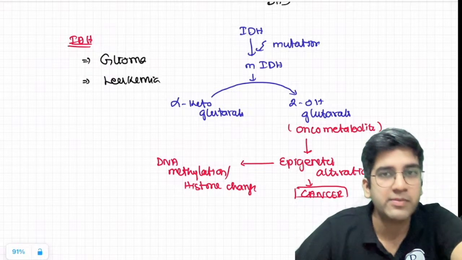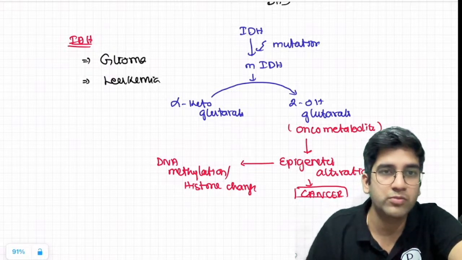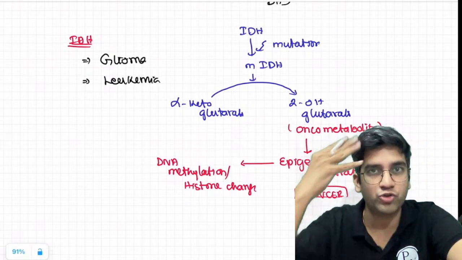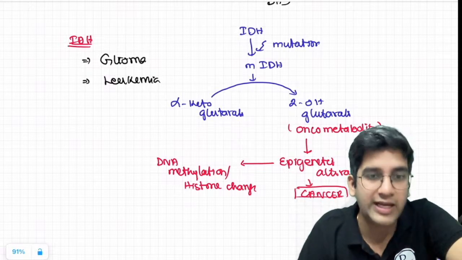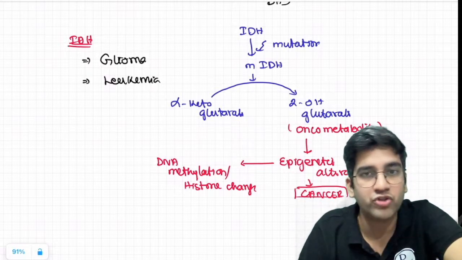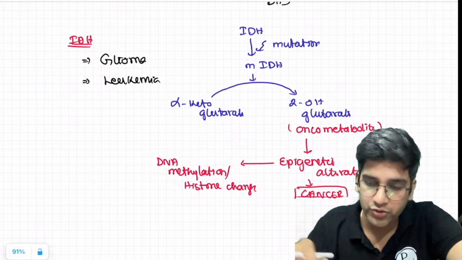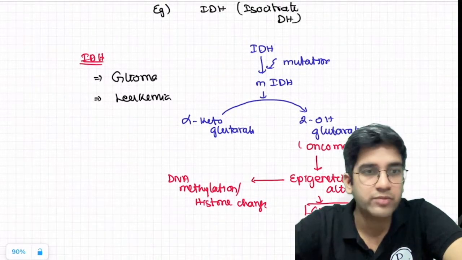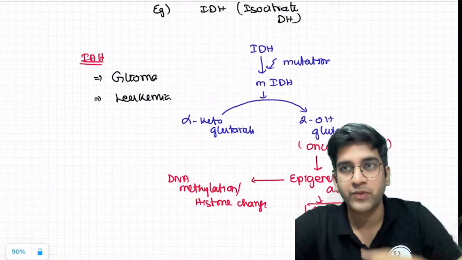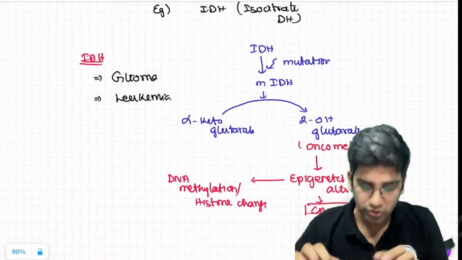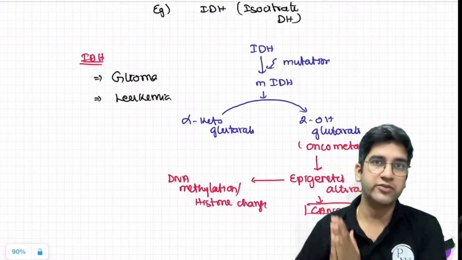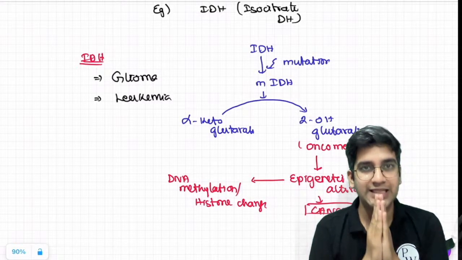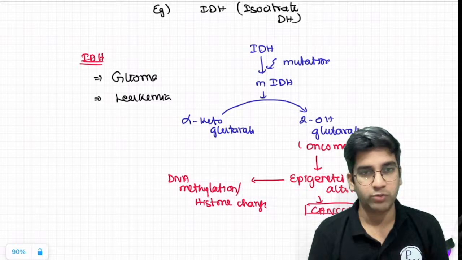Even if you forget leukemia, it's okay with me, but glioma, please do remember, because glioma, that's CNS tumors, right? The glioma, astrocytoma, oligodendroglioma, most of them have IDH mutation, right? So this also is the metabolism related changes in cancers, right? So today we have discussed 2 new concepts. One is about Warburg's effect, and what exactly Warburg's effect does, and one about oncometabolism, fine?